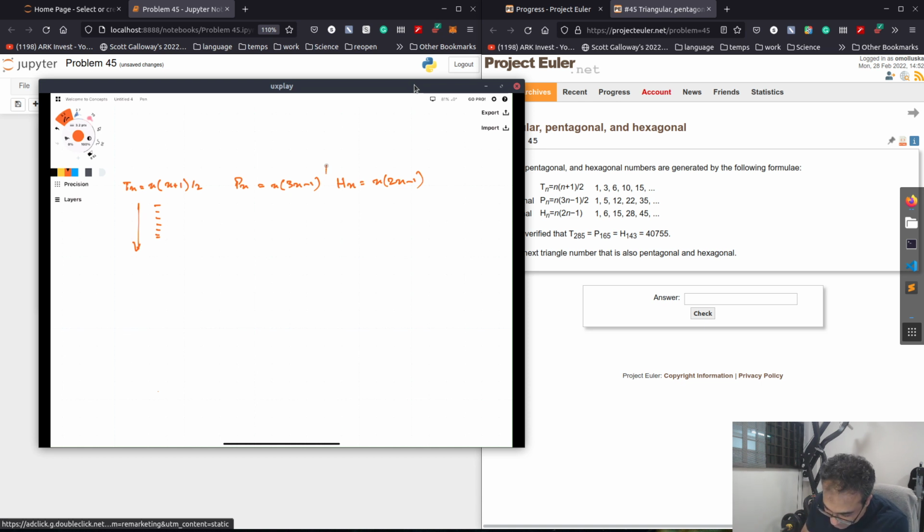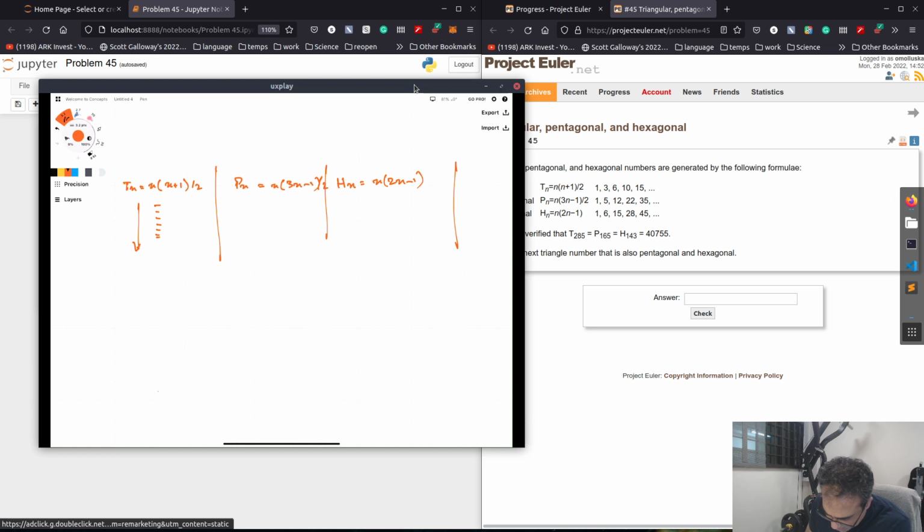So we will just invert these problems. So there is a by 2 over here. Pn is n times 3n minus 1 by 2, and Hn equals n times 2n minus 1. So just like we had done previously, we are going to invert these numbers.